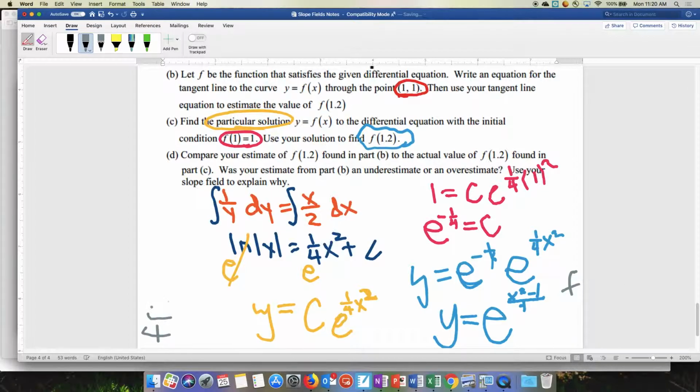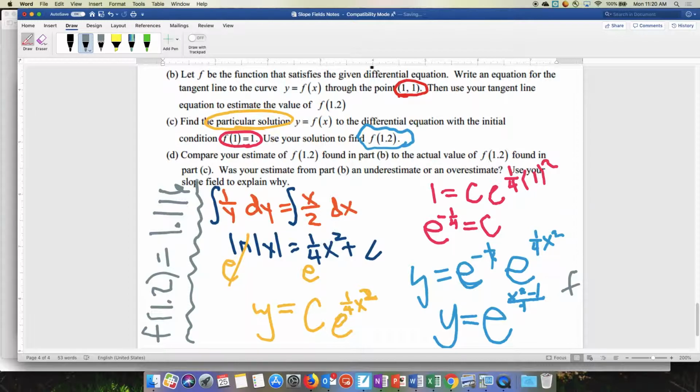F of 1.2 equals 1 point what? 1.162? Okay. 1.116. Okay.